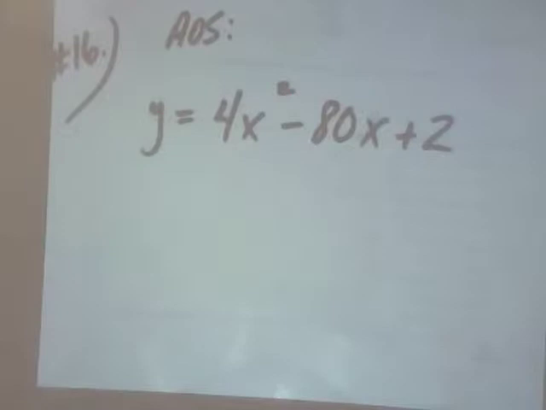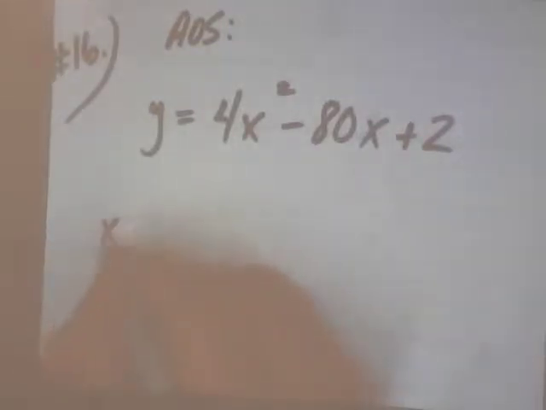What do we need to find? We need to find the vertex, right? How do we find the vertex? What's the x part of the vertex? It's negative b over 2a. The x part of the vertex is negative b over 2a.